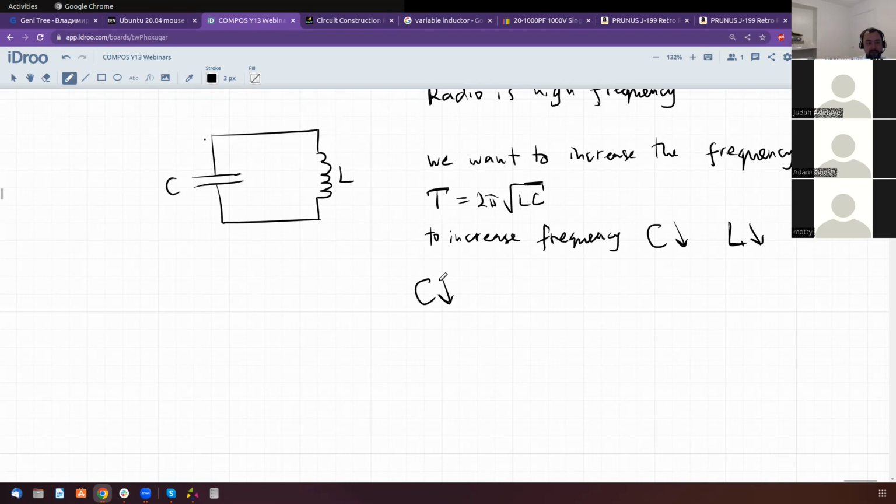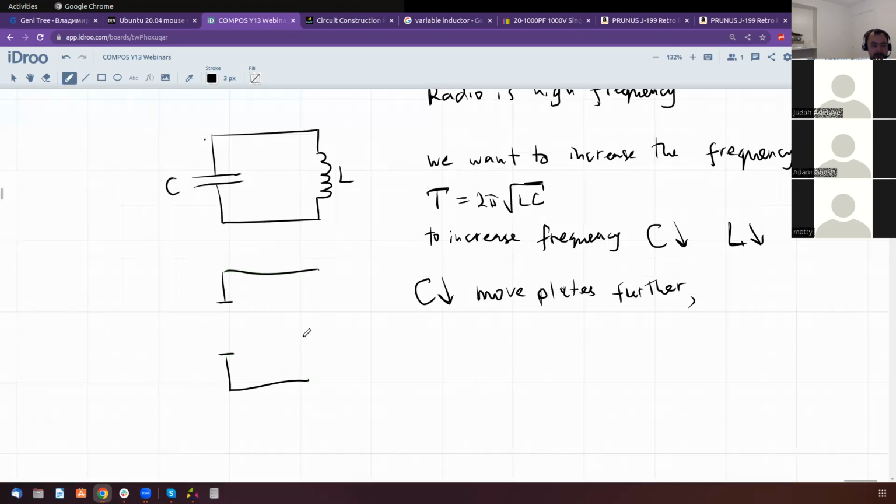Move plates further. What else can you do to decrease the capacitance? You can either move the plates further, or you can reduce the area. So we increase the distance between the plates and we make the plates smaller.